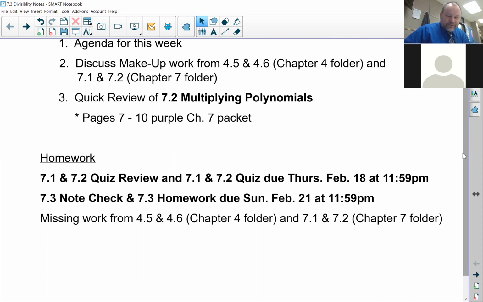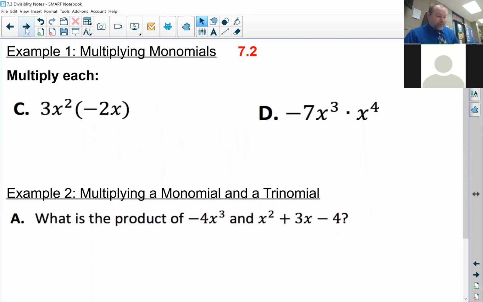And the 7.3 note check and homework should be done by Sunday night. All right, and then missing work once you finish that stuff.